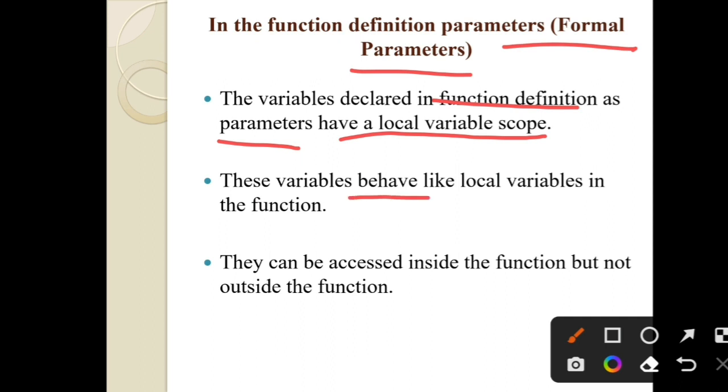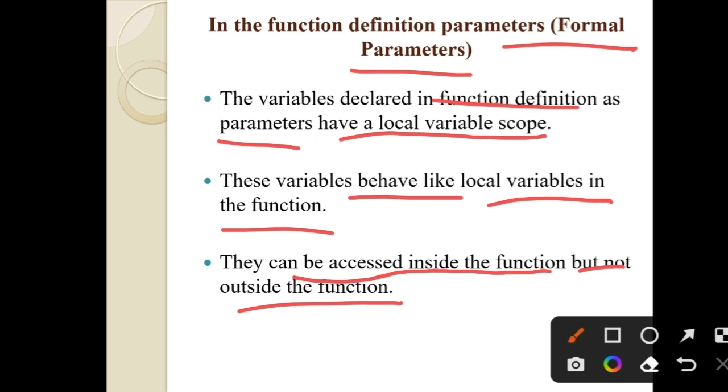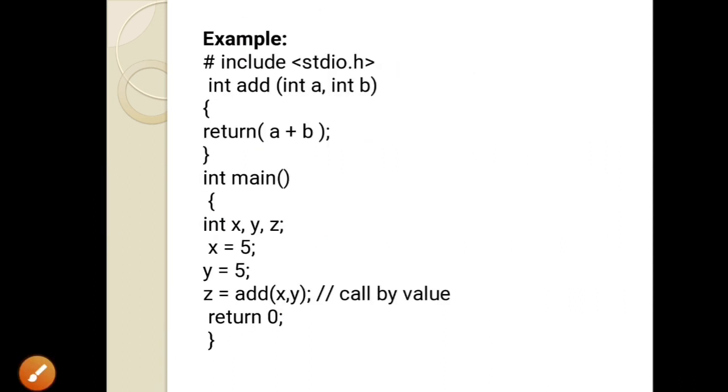They can be accessed inside the function but not outside the function. So that type of variables are known as formal parameters, and they behave like local variables. Let's see the example.